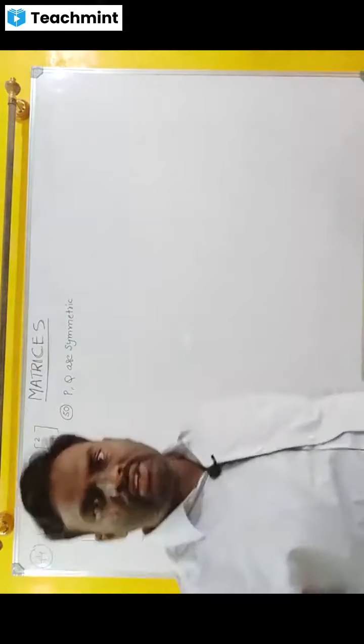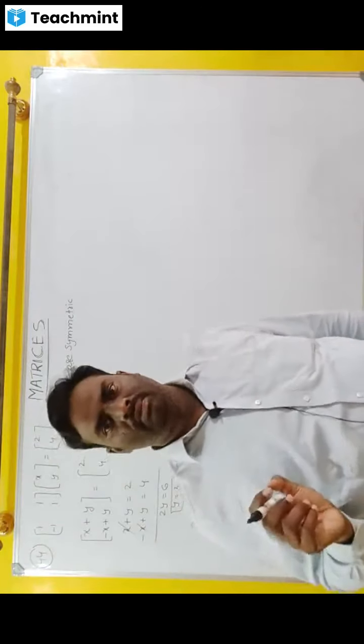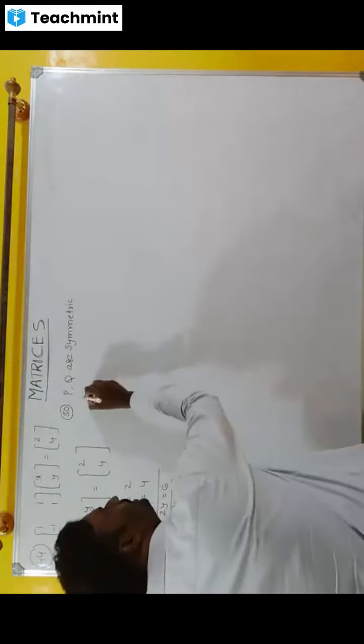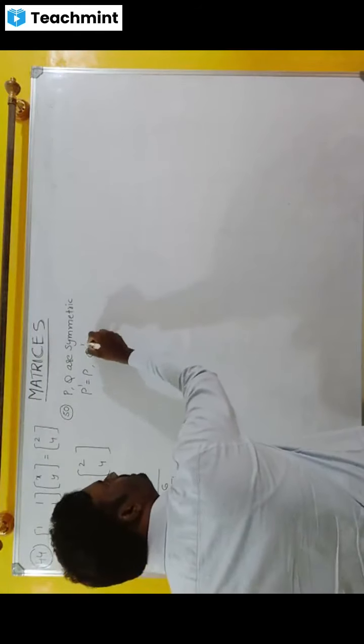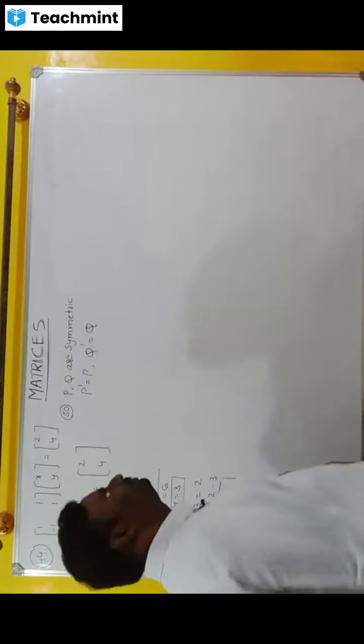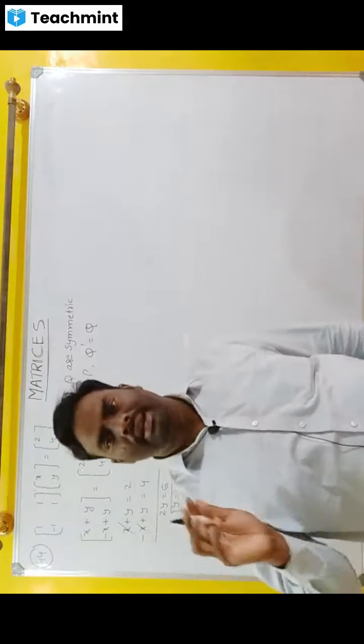What is the condition for a symmetric matrix? A dash is equal to A. Now here you can take P dash is equal to P, Q dash is equal to Q, because this is the definition for a symmetric matrix.